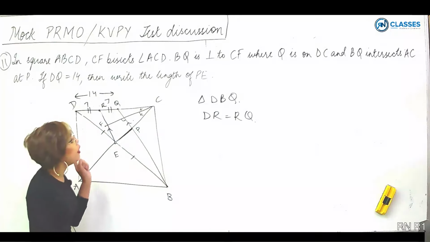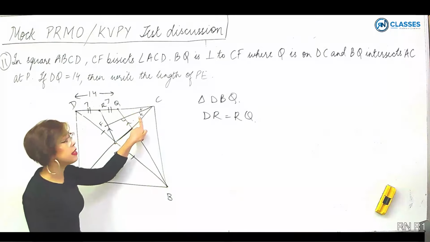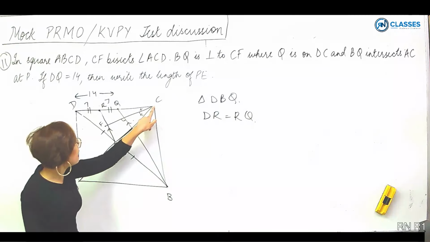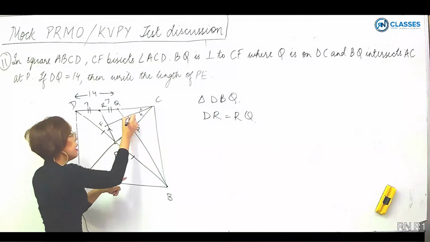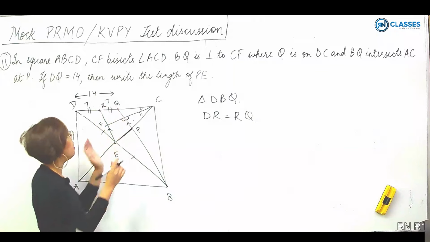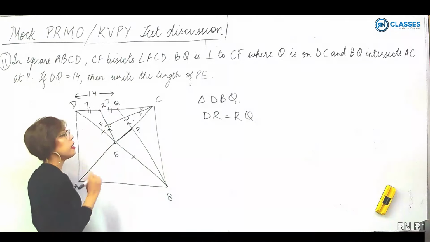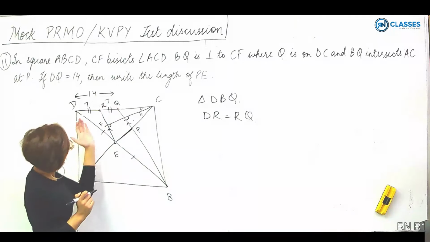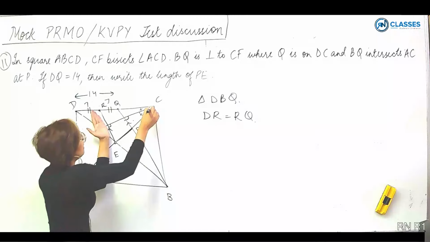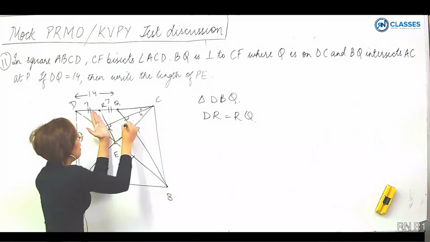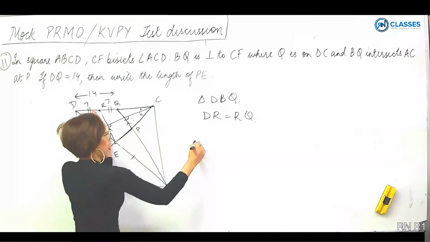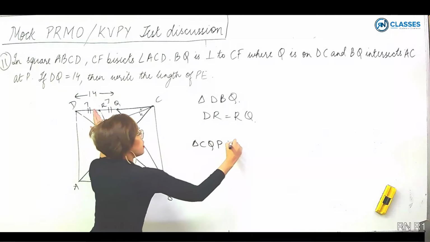But mind it, I have not utilized the fact that this angle is equal to this angle. And I can see that here it is 90 degrees. And since these two lines are parallel, can I say that this angle is also 90 degrees? Okay. Now, if I look carefully, can I say that triangle CQP is isosceles?